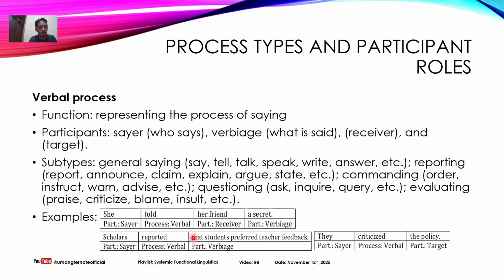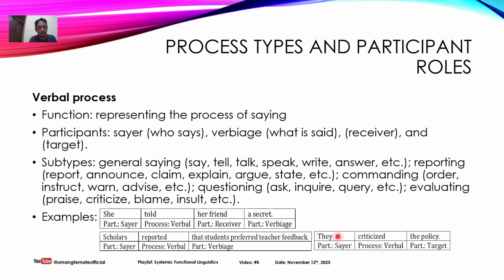Scholars reported that students preferred teacher feedback. As you can see, this is an embedded clause, but in terms of the participant role, this is a verbiage. It is the content of what is reported. Okay, and who reports is the sayer.